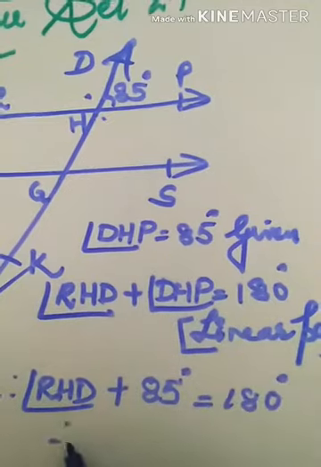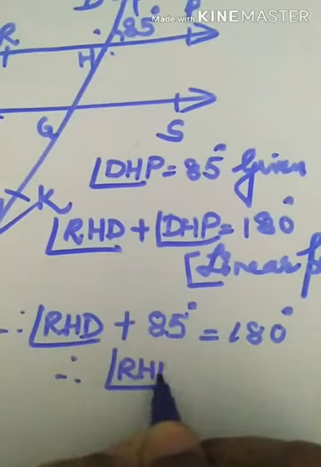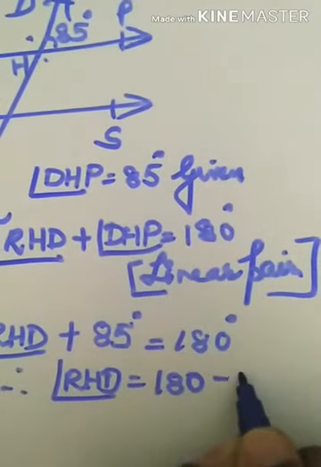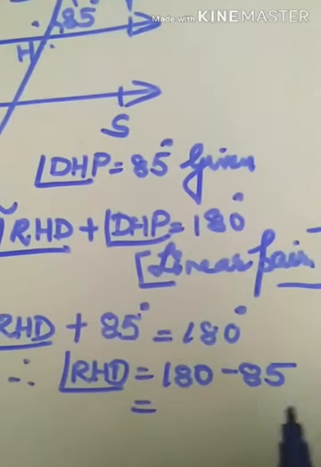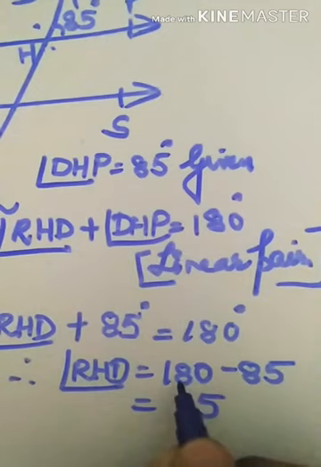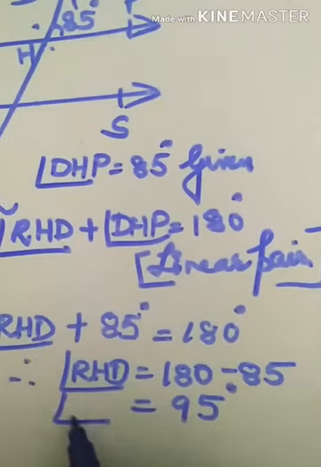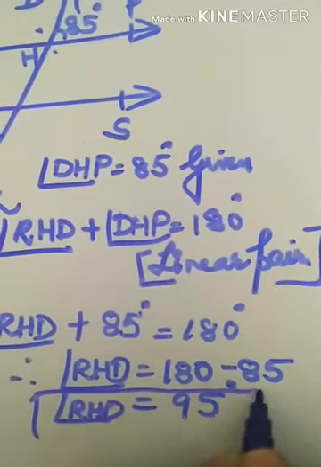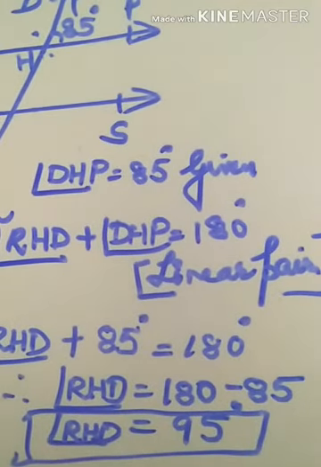So, therefore, angle RHD is equal to 180 minus 85. 180 minus 85 will be 10 minus 5, 5. 7 minus 8 will be 9 and 0. So, this will be RHD is equal to 95 degrees. Highlight the answer. Be happy.